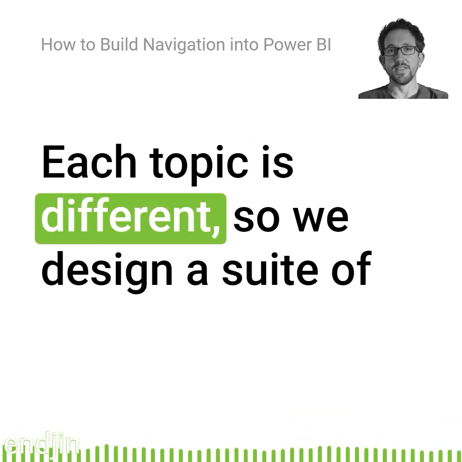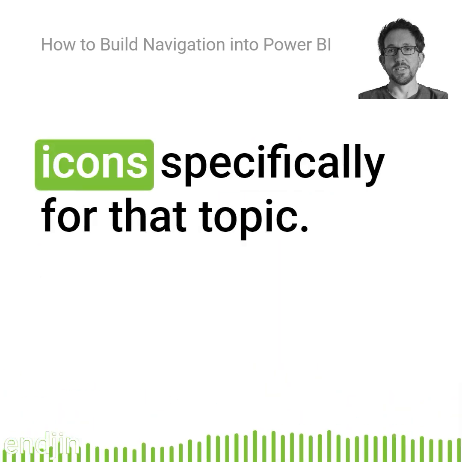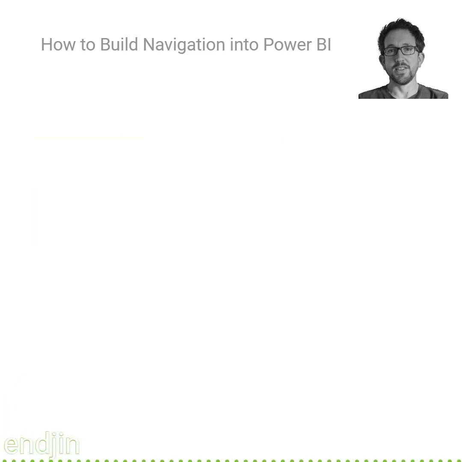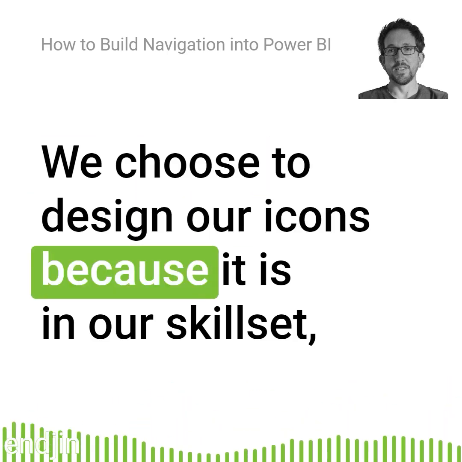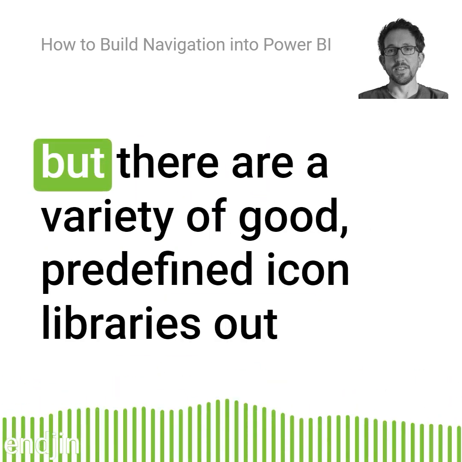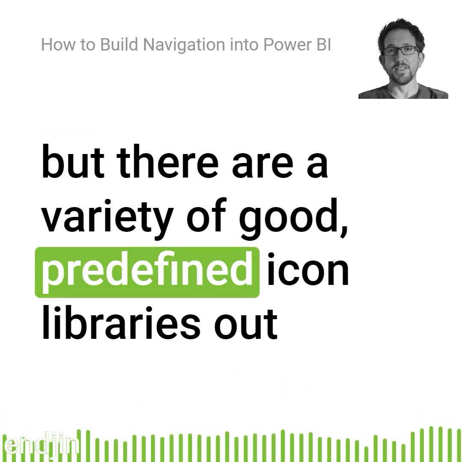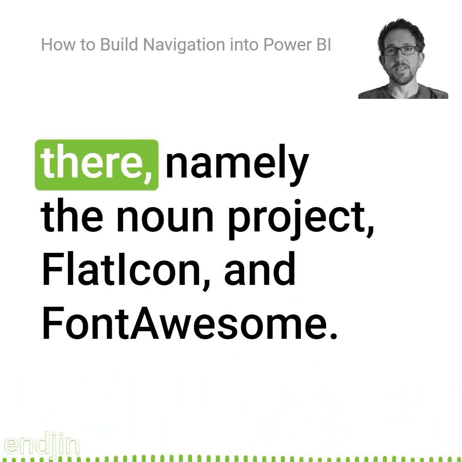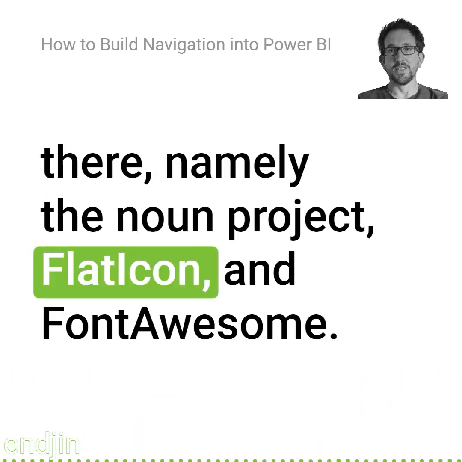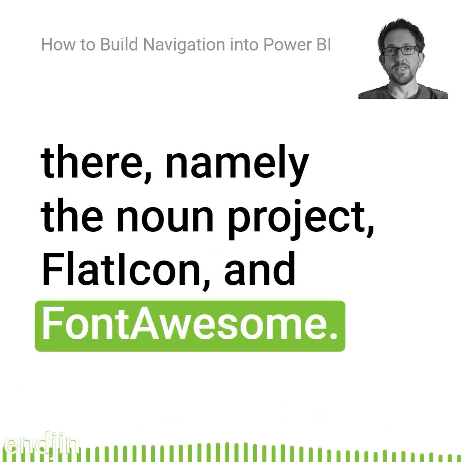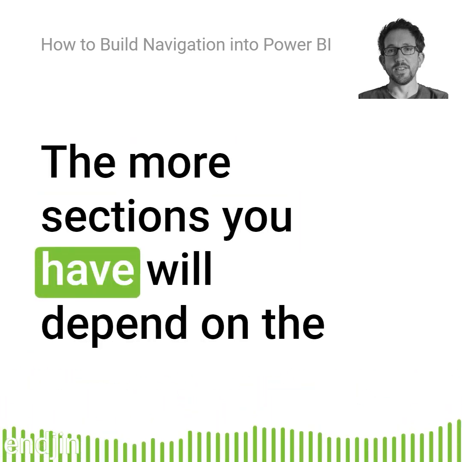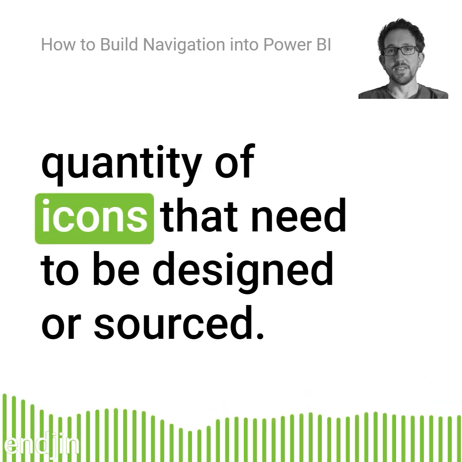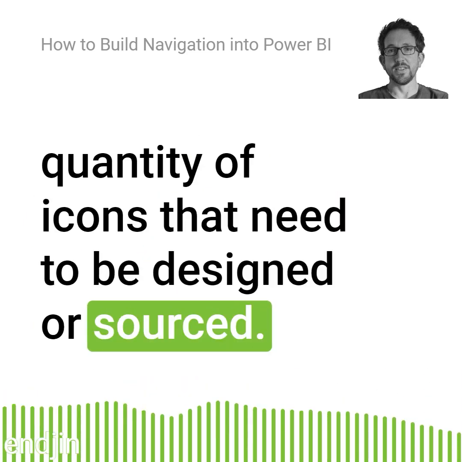Each topic is different, so we design a suite of icons specifically for that topic. We choose to design our icons because it is in our skill set, but there are a variety of good, predefined icon libraries out there, namely the Noun Project, Flat Icon, and Font Awesome. The more sections you have will depend on the quantity of icons that need to be designed or sourced.